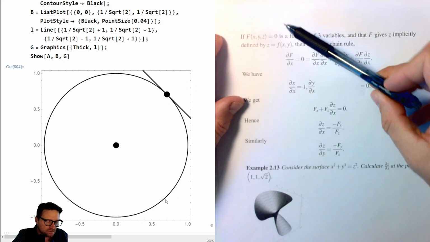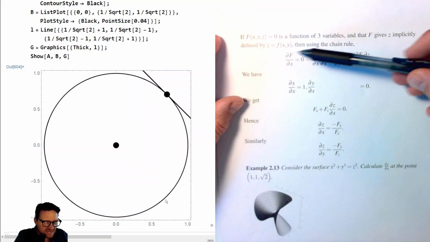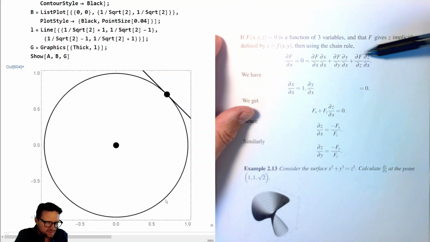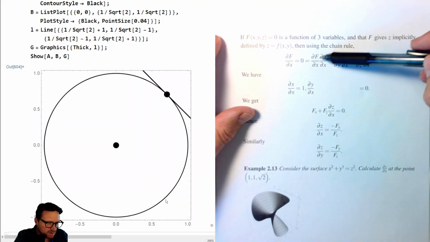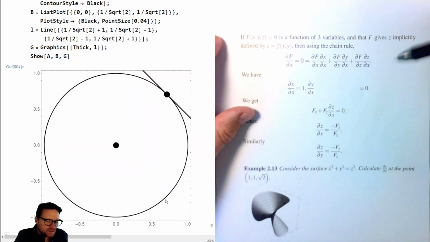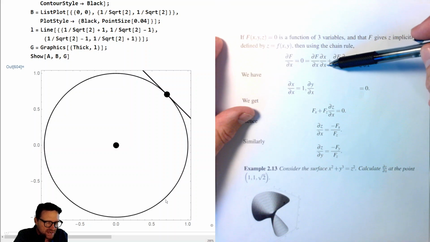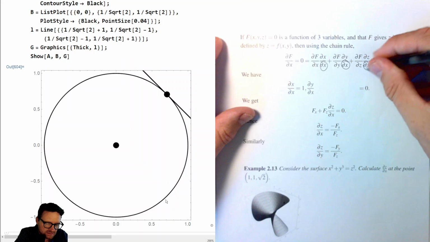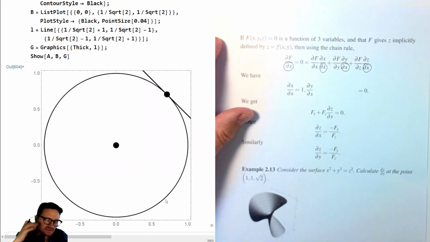Right, now the right-hand side here is 0, so taking dF/dx gives 0, and then our chain rule here has all of these matching, you see that? And it's taken with respect to x, so that's why we have an x here. This is an x, x, x, and over here we've got an x.